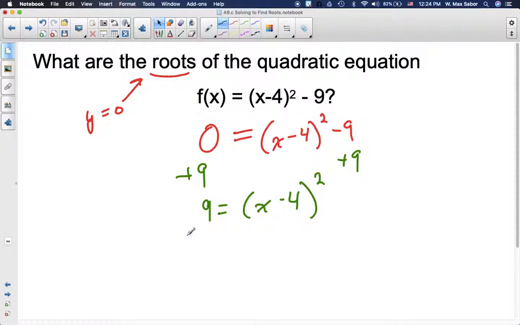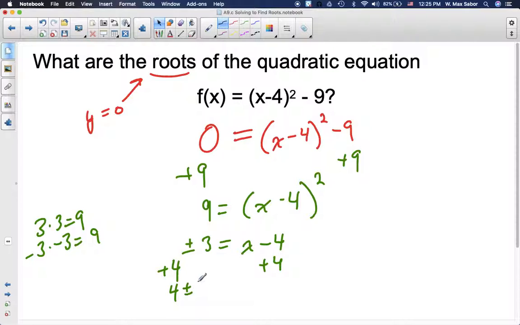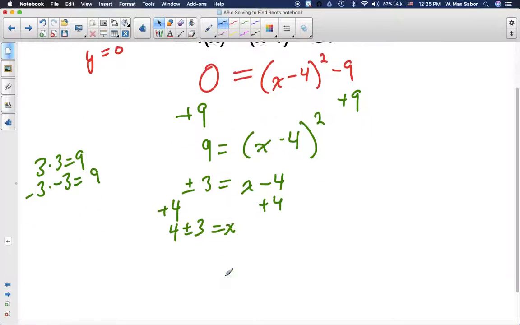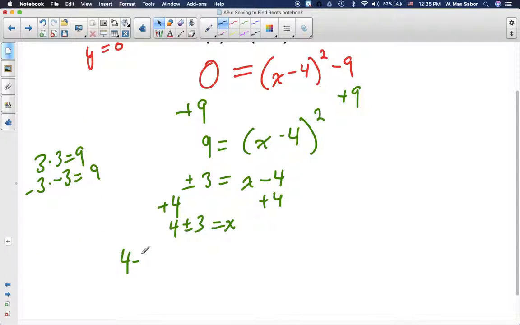The opposite of squaring is square root, so this becomes plus or minus 3, because 3 times 3 equals 9. Negative 3 times negative 3 equals 9, equals x minus 4. And then adding 4 to both sides gives us 4 plus or minus 3 equals x, which is just another way of saying 4 plus 3 or 4 minus 3. So that's 7 or 1.